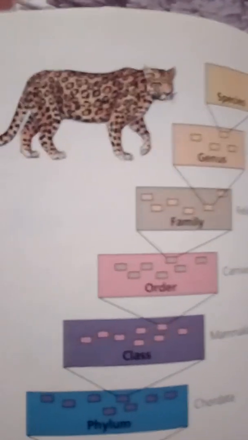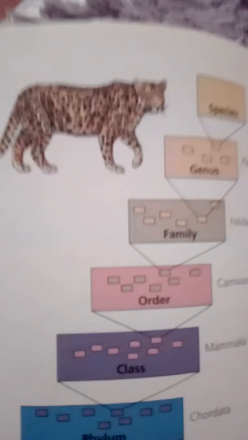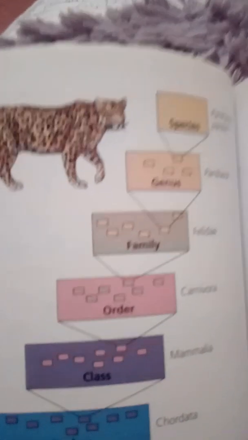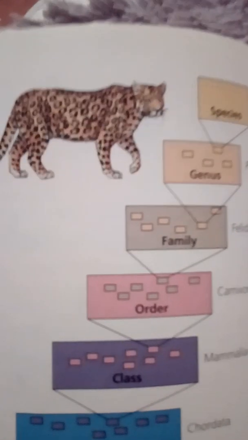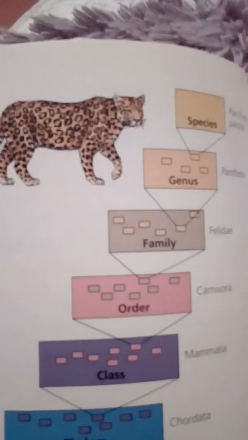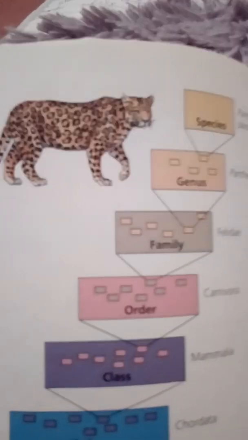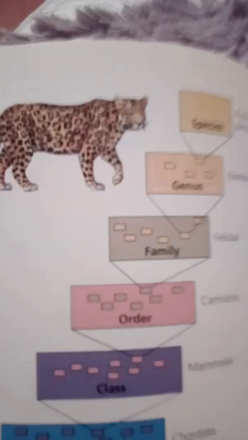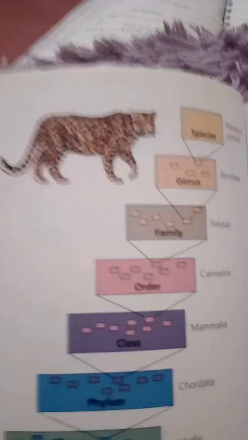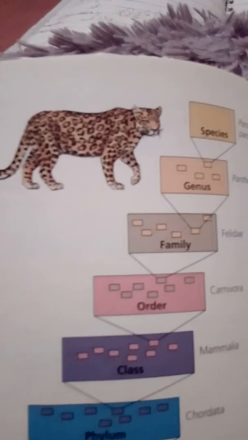To avoid ambiguity when communicating about organisms, biologists refer to each species by a scientific name. The two-part format of the scientific name, called a binomial, was instituted by Linnaeus. The first part of a species name is the genus, plural genera, to which the species belongs.